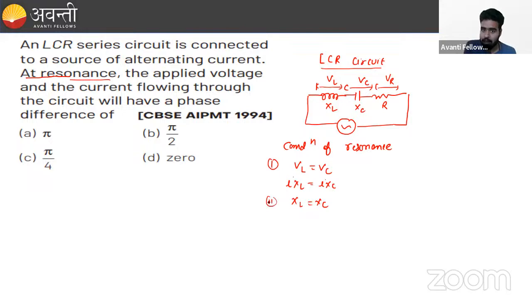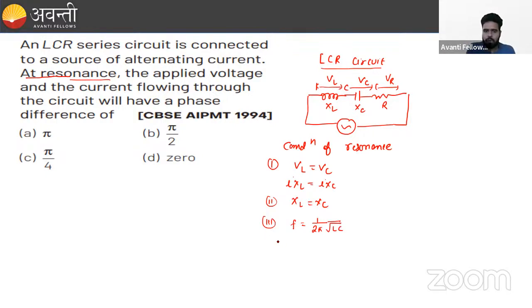This can again be written in another manner. If we write the resonant frequency, it can be written as on the previous slide: F is nothing but 1 over 2 pi root over LC. Correct.